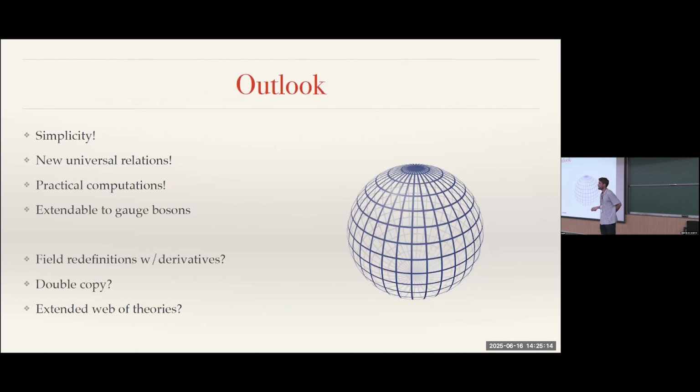So let me summarize what I've been trying to argue. The space of geometry is another whole sector of amplitudes that we can further explore, and it has all the properties that we like. It's simple, and if you use this lens you can also discover new relations between amplitudes, both in soft limits, as well as this example in a double copy, and it's practical.